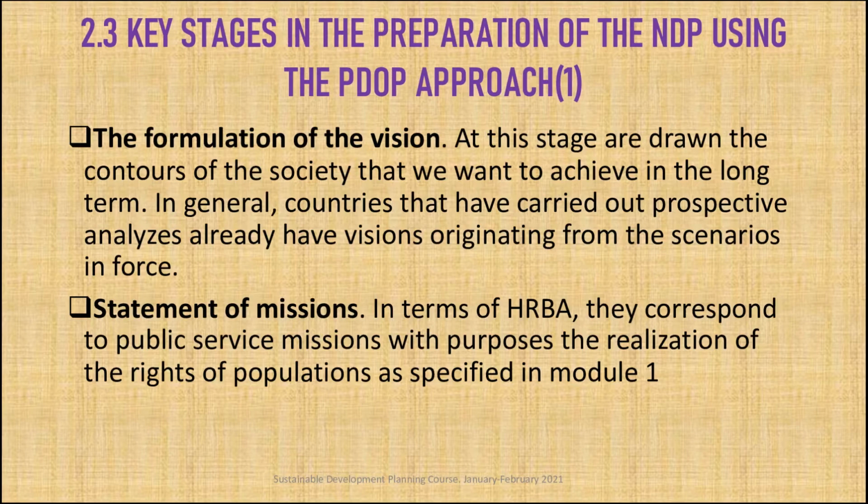Second, assessment of mission. In terms of the human rights-based approach, they correspond to public service missions with purposes, the realizations of the rights of the population as specified in Module 1.